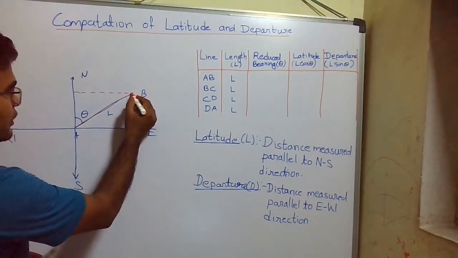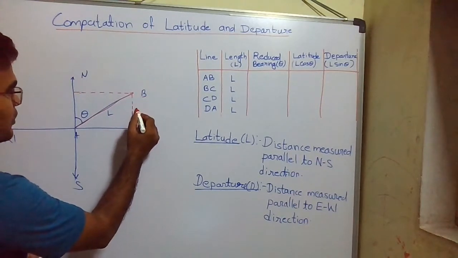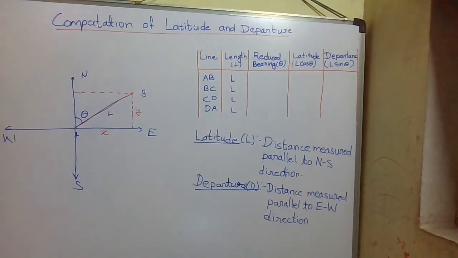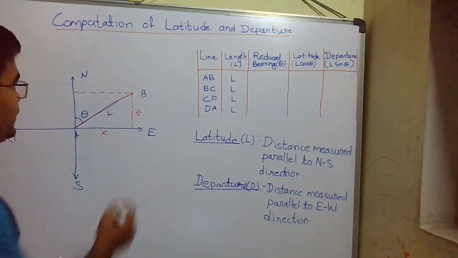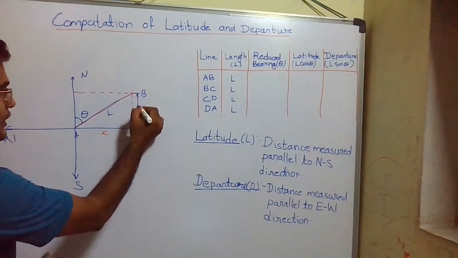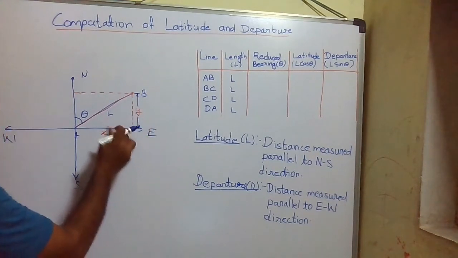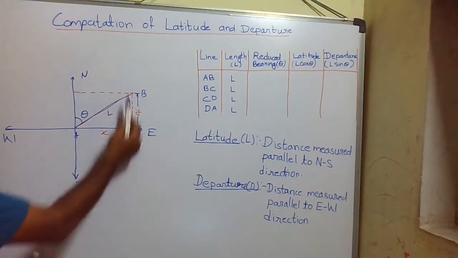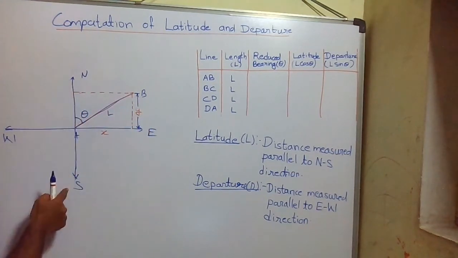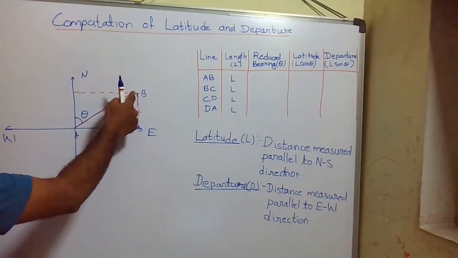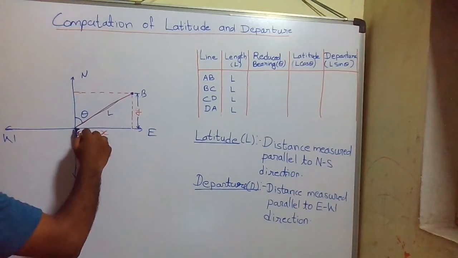Suppose this is Y and this is X. So this Y distance is nothing but the distance of this line AB parallel to the north-south direction. This is the north-south direction, and this is the line AB.